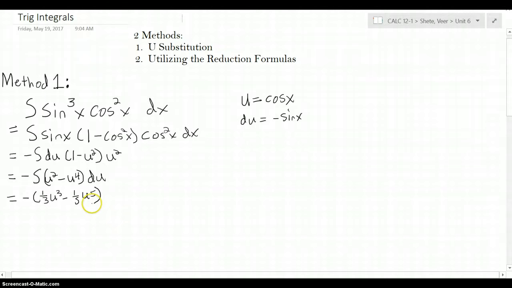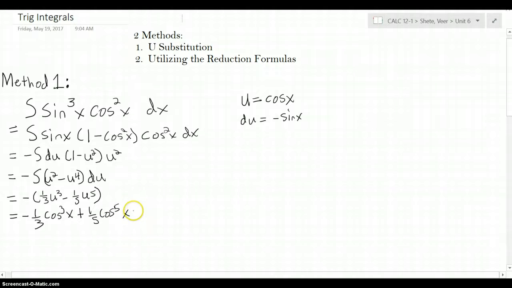So now that we've done this, we simply have to plug in for our u values, which, as stated earlier, is cosine x. And we will attain negative 1/3 cosine cubed x minus, plus, because now we have to take the negative and put the negative into the bracket, plus 1/5 cosine 5x.